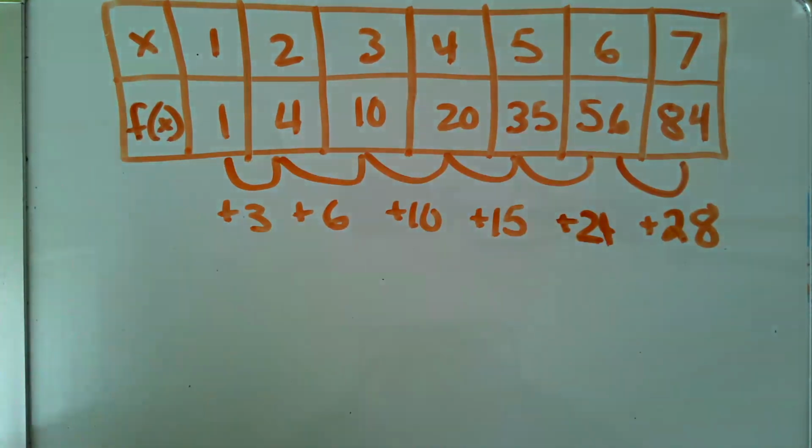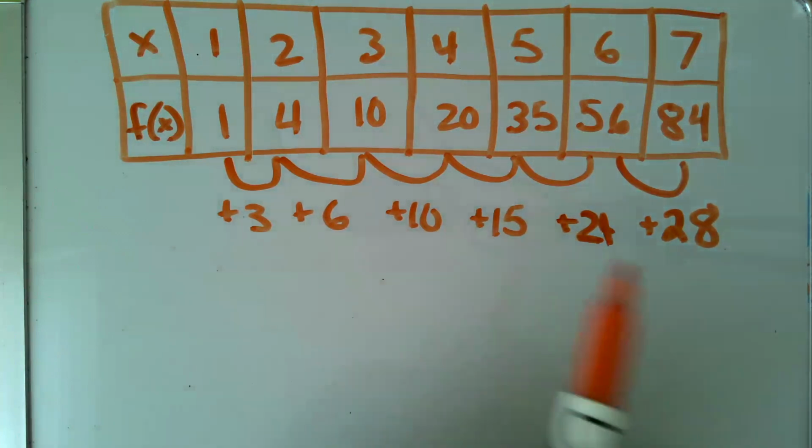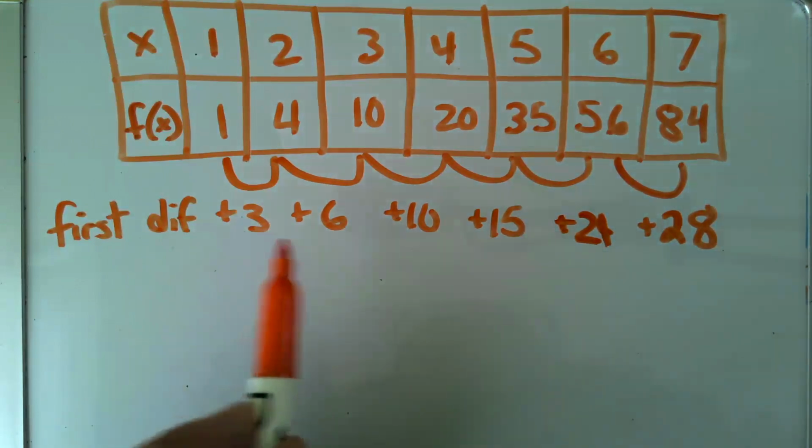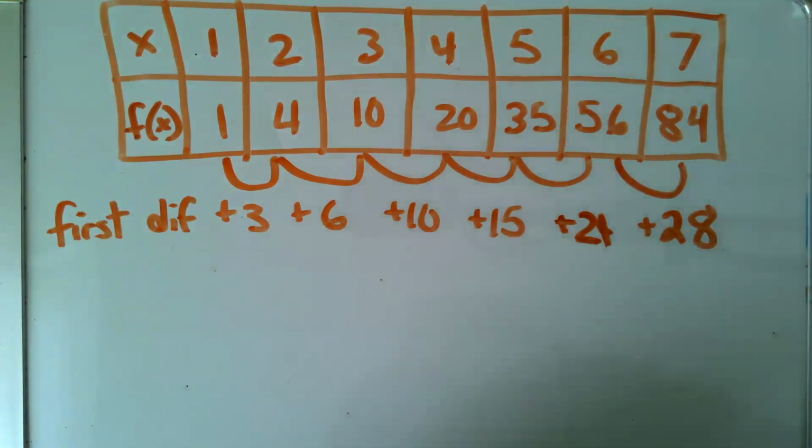Now, if each of these finite differences were the same number, then that would mean this were a linear equation, but they are not. So now we're going to go ahead and find the finite differences between each of these differences.